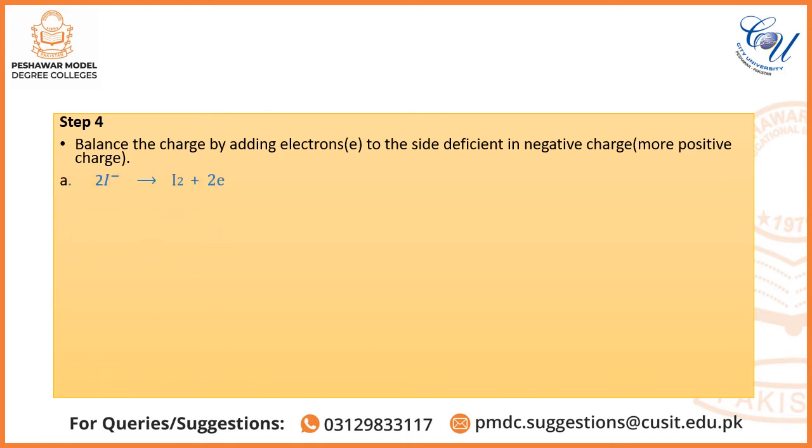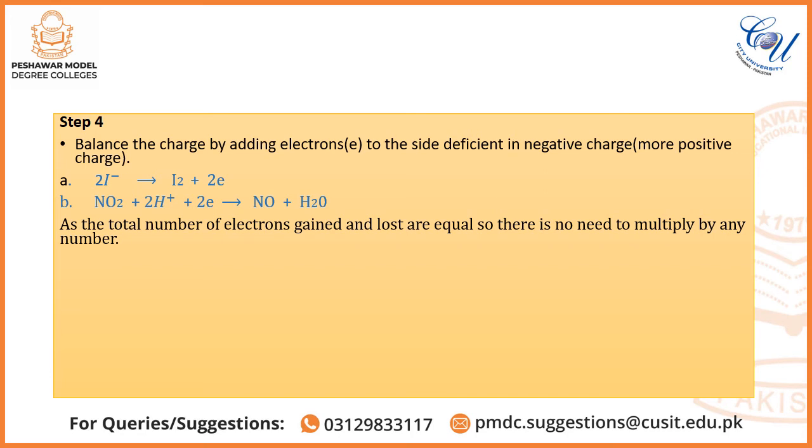For example, in equation A we can see we have negative charge on the reactant side, while on the product side we had no charge, so we added 2 electrons in order to balance the charge. Similarly, in equation B we had more positive charge on the reactant side, so we added 2 electrons in order to cancel the positive and negative charges, or in order to balance the charges.